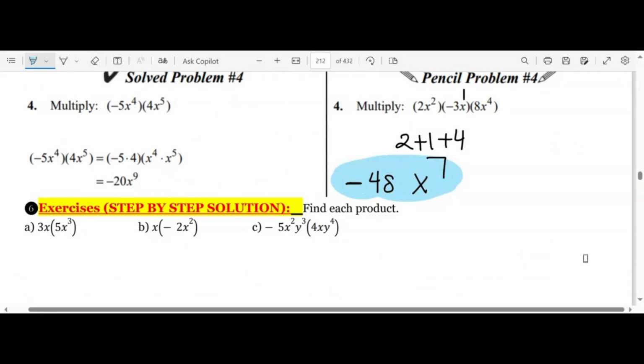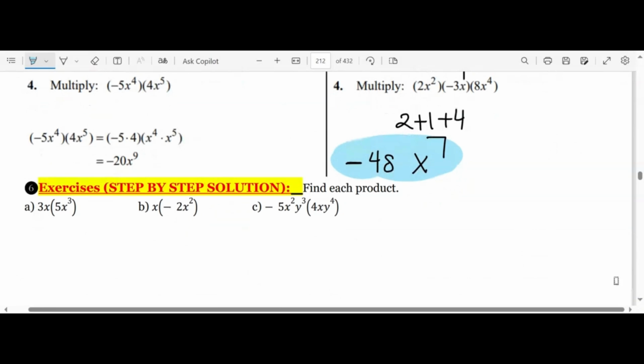We solve the next one. Yeah, solve the next one, please. Yalla, work together.